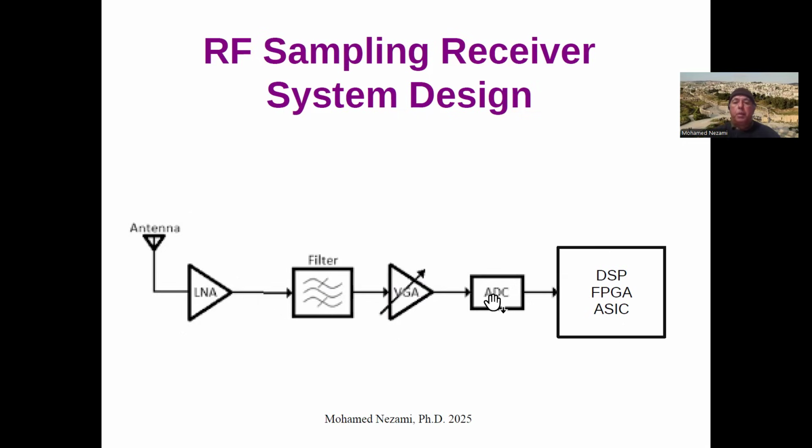Previously, say 10 years ago, the ADC didn't include a whole lot of functions other than basically putting out bits corresponding to the voltage level. But nowadays a lot of the functions that used to be in the FPGAs have actually been included in the analog digital converter.